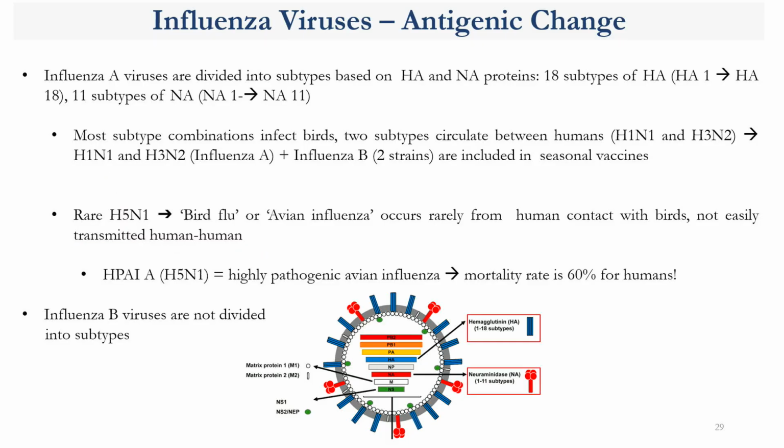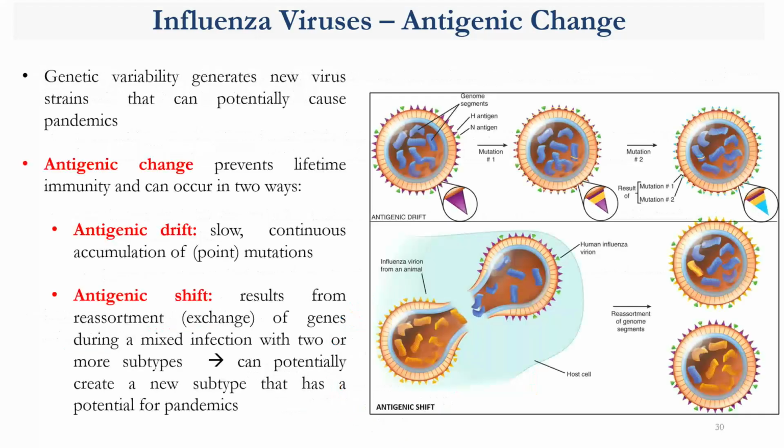And one of the highly pathogenic versions, the H5N1, is the highly pathogenic avian influenza, okay? And if it does get into humans, the mortality rate is 60%. Almost reaches the mortality rate of Ebola viruses, okay? The influenza B viruses are not divided into subtypes. It's the A type that's divided into subtypes.